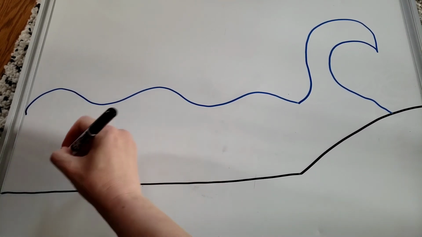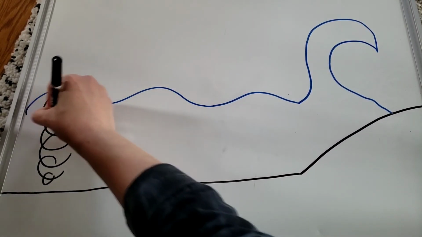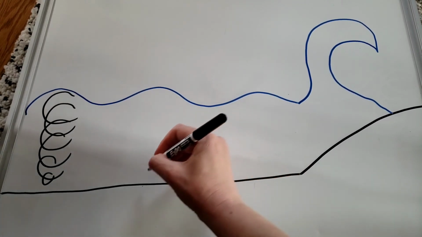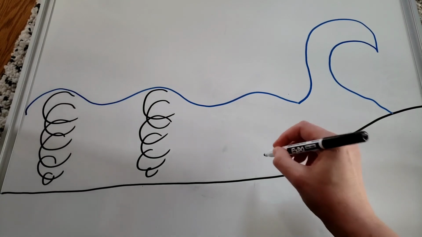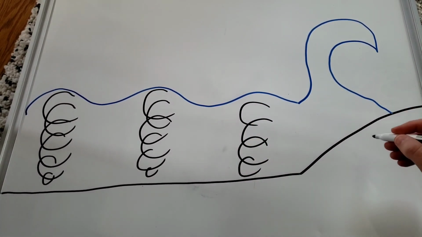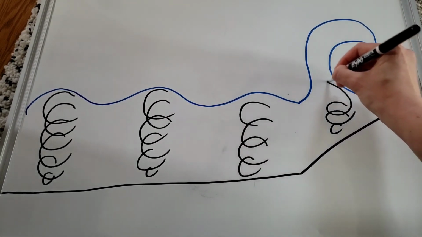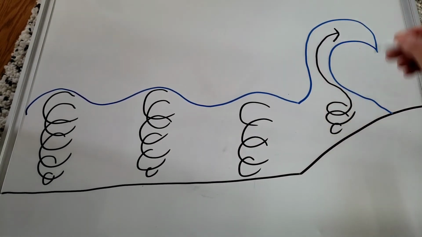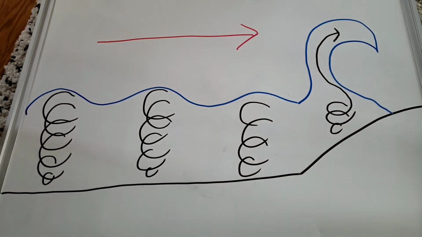So we still have the energy out here getting further and further along, and we can still see how the energy is transferring from the ground to the top of the wave, until finally, right as the wave is breaking, the energy transfers into the shape of a wave. And the movement of the energy is still going this way, as evidenced by the red arrow.